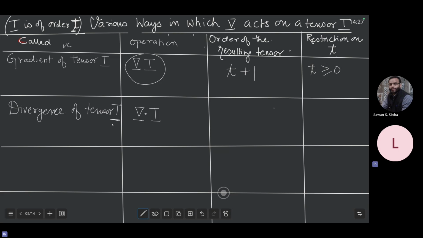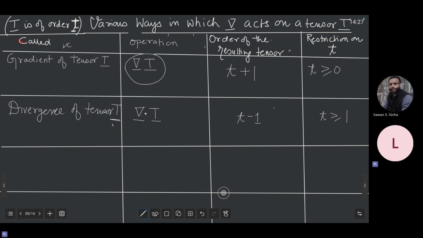You are right actually. We are only talking in terms of T. What happens to T? T minus 1. You are right. Any restriction on T? T greater than or equal to 1, because if it's 0, then scalar is there. You can't talk about dot product.